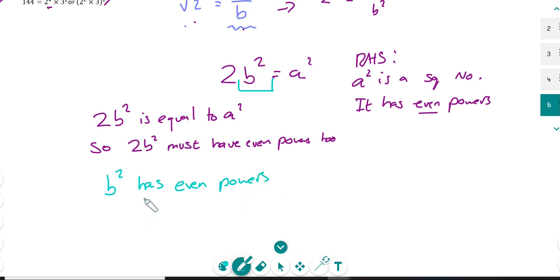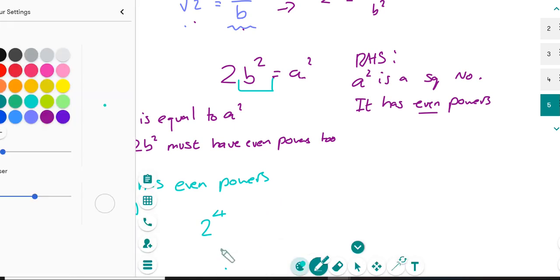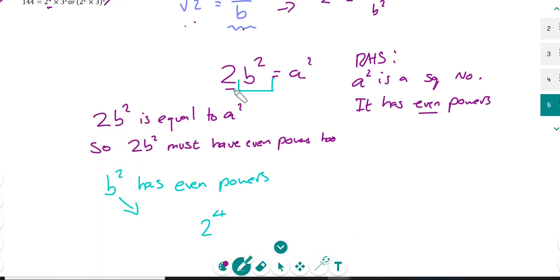Now, if we do some examples, let's pretend b squared could have 2 to the power of 4, for example. But what's going to happen when you multiply this by 2? Because there's a 2 at the front, isn't there? When you multiply this, you're going to get an odd power.